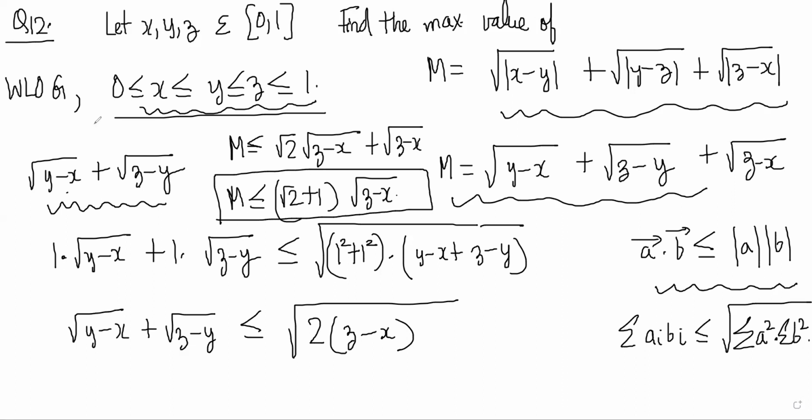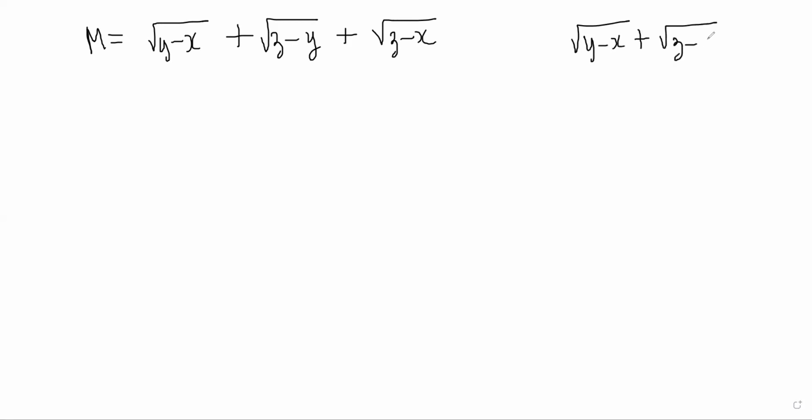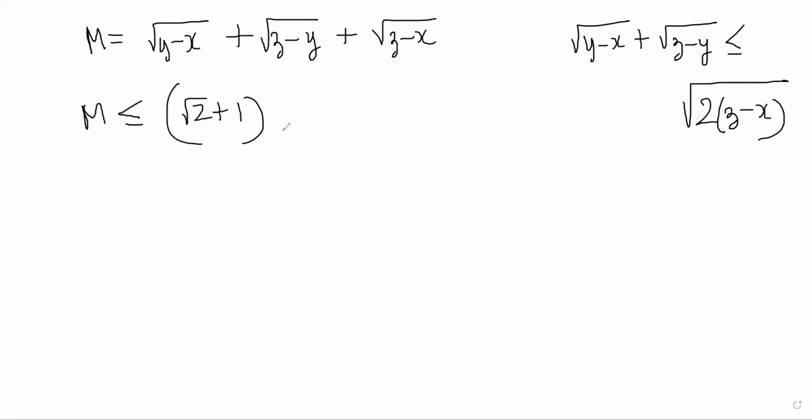How did I get that? M was basically root over y minus x plus root over z minus y plus root over z minus x. And we have already established that root over y minus x plus root over z minus y is less than equal to root over 2 times z minus x, right? So m is less than equal to root 2 plus 1 root over z minus x.